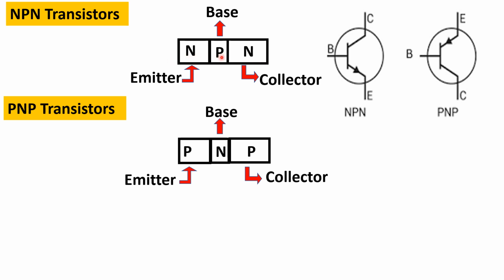Among the three regions or layers, it is the emitter that is doped heavily, right? The collector is also doped, but just moderately, and the base is just doped lightly. That's also true in the case of PNP transistors.